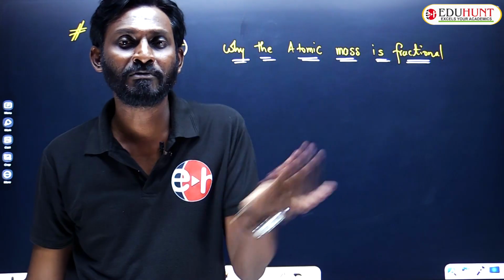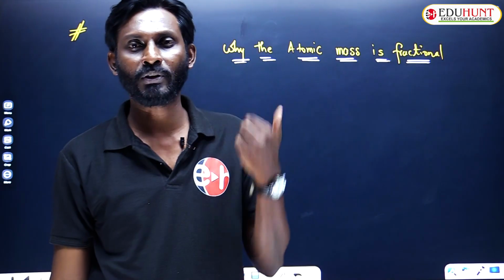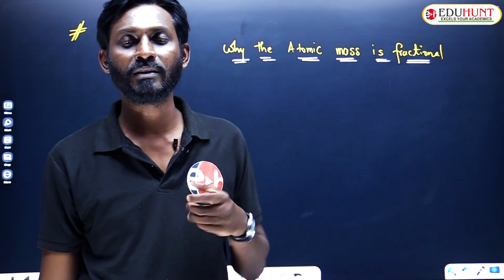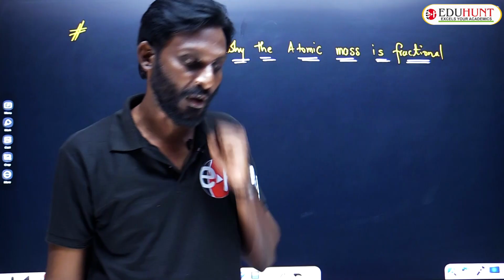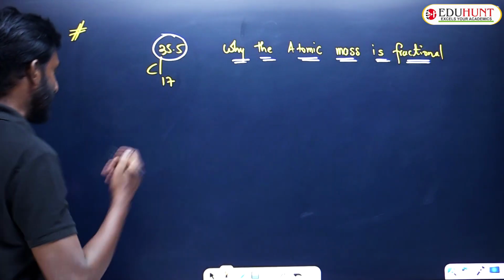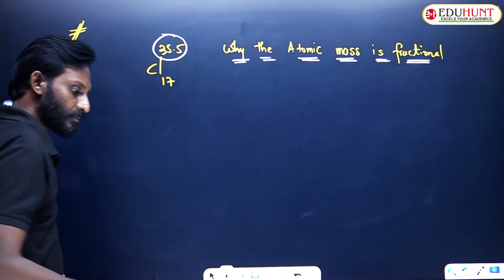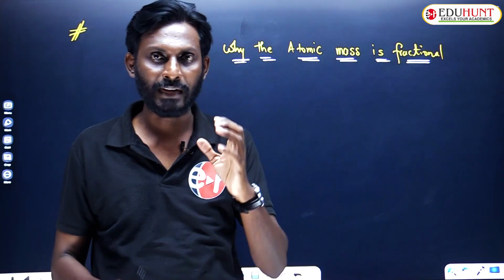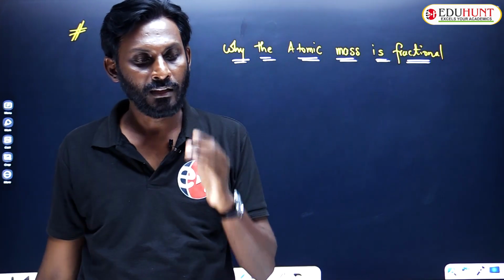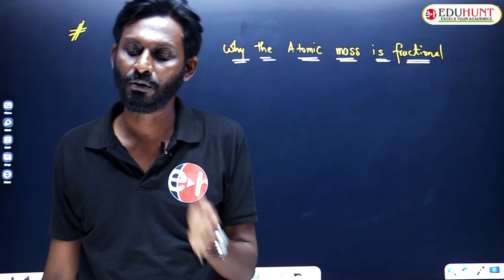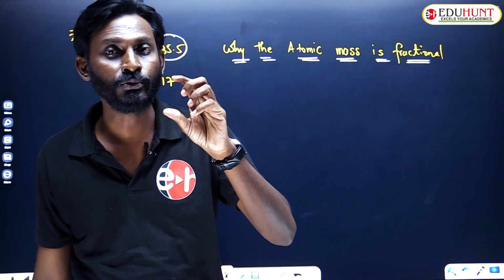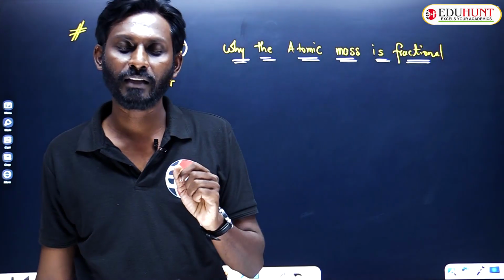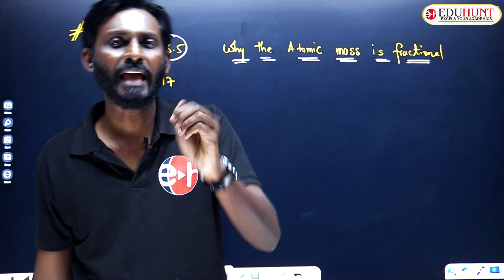But half proton, 3/4 proton, 1/4 neutron, fractional is not possible. In nature, I told you, the atom is neutral because the number of protons in the nucleus is equal to the number of electrons. But the neutron is a chargeless particle, so the neutron number can vary a little bit.